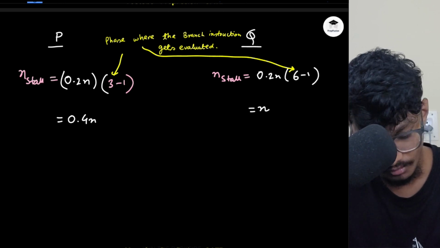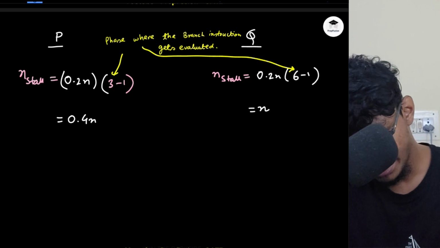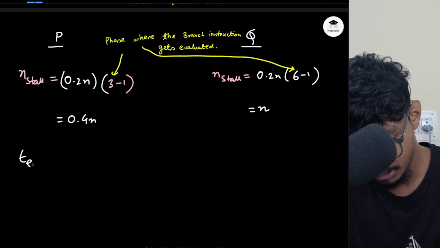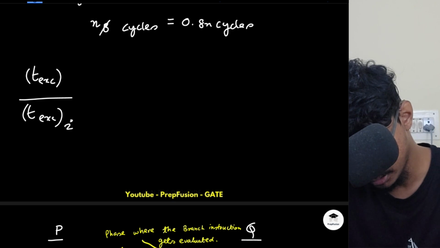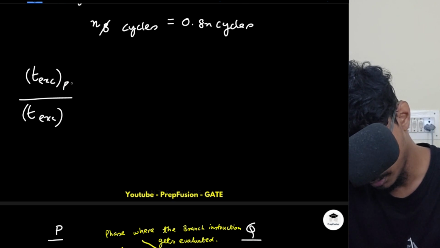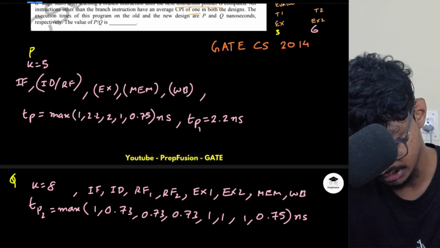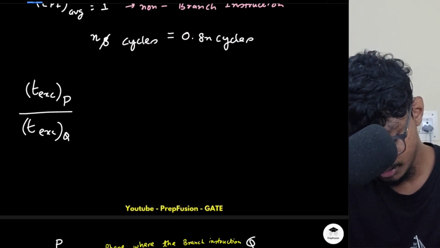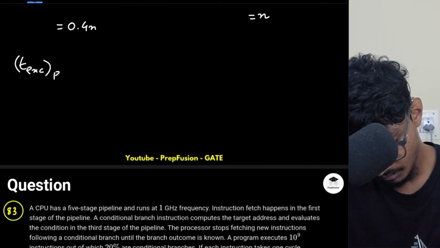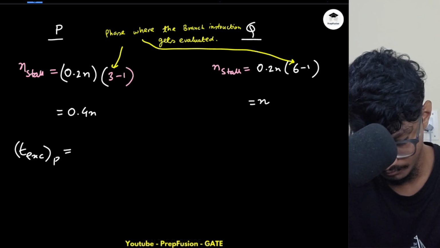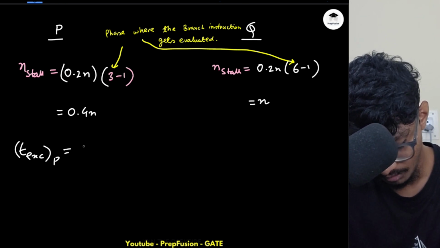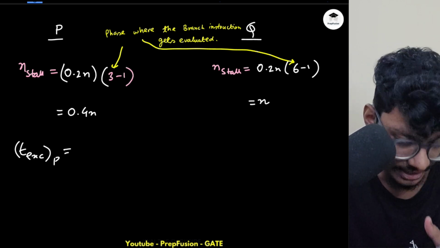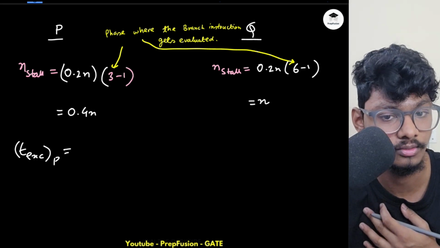Now I need to find out the execution time. So how do I find out the execution time of P over Q? That is what they're asking me. So the execution time of P will simply be equal to, if I didn't have any hazard, how many cycles I required.